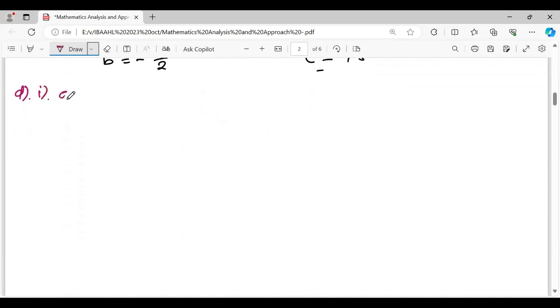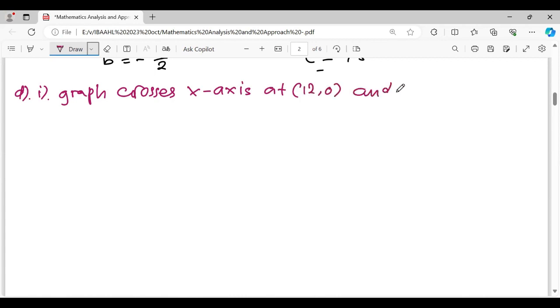So identify first that the graph crosses the x-axis at 12, 0 and 2, 0.